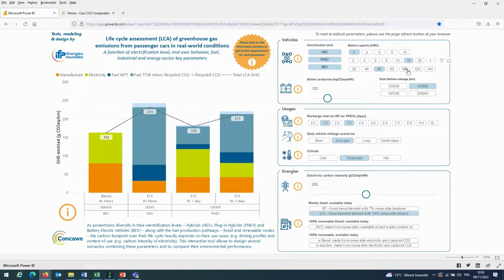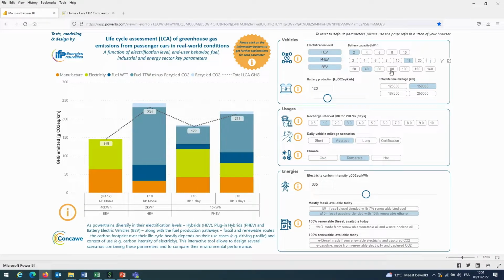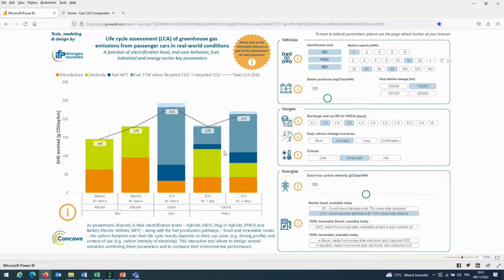In the configuration panel, first you can design your vehicle. So for instance, if you want to change the size of the battery, the capacity, you can select a smaller battery, 40 kilowatt-hour, which would be a small urban vehicle. And you can also select a bigger battery, 80 kilowatt-hour, which would be something that looks like a Tesla, for instance.